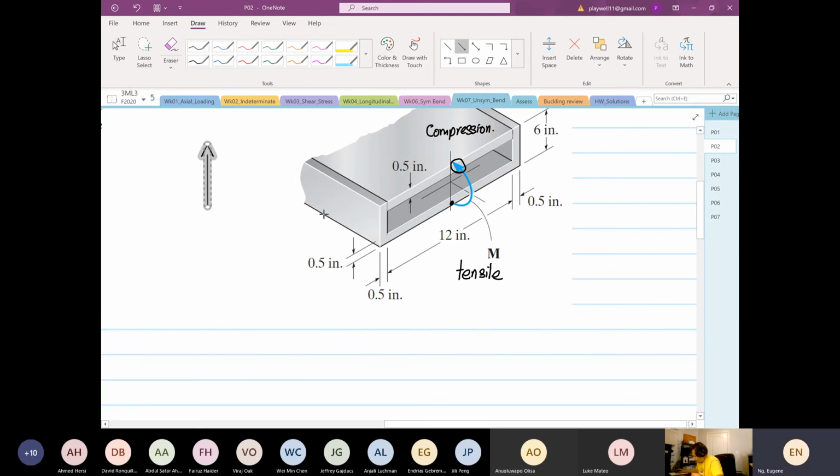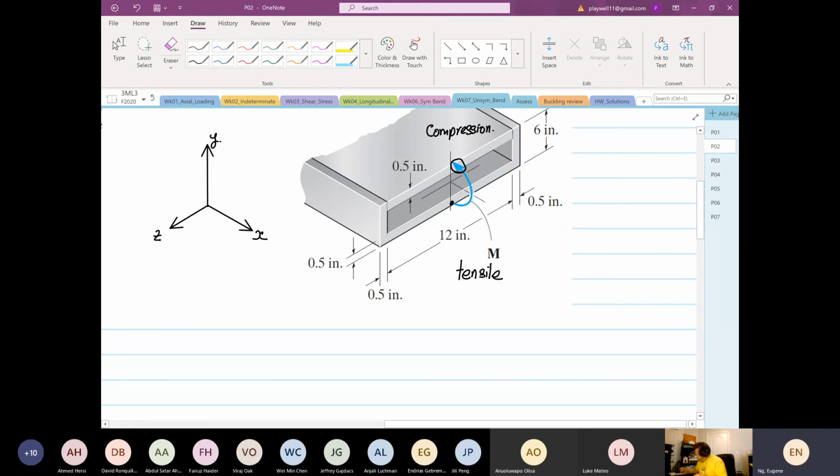So this is our transformation axis. This is my x-axis. Why the x-axis is along this way is because it's along the length of the structure. So this is the y, and this is the z.